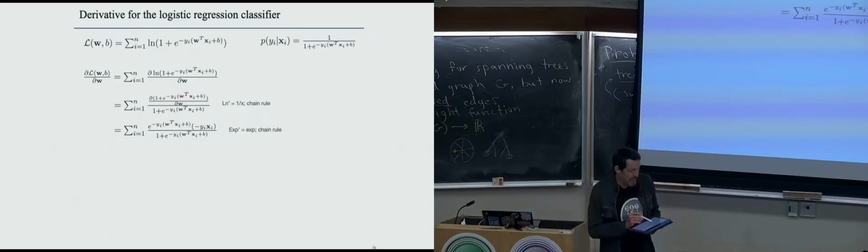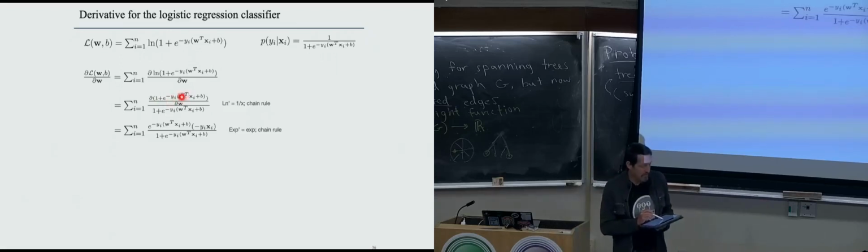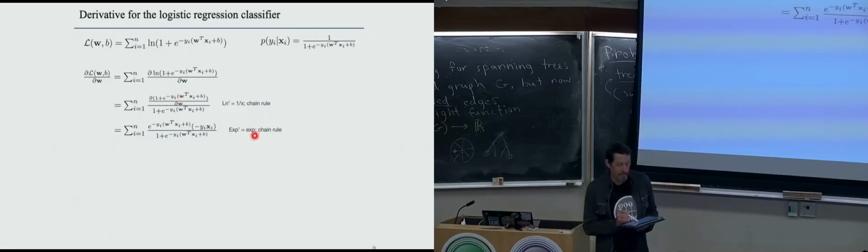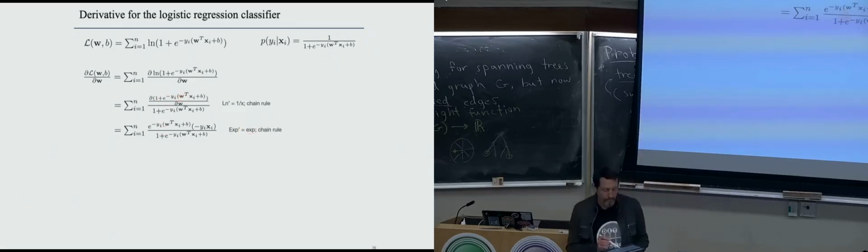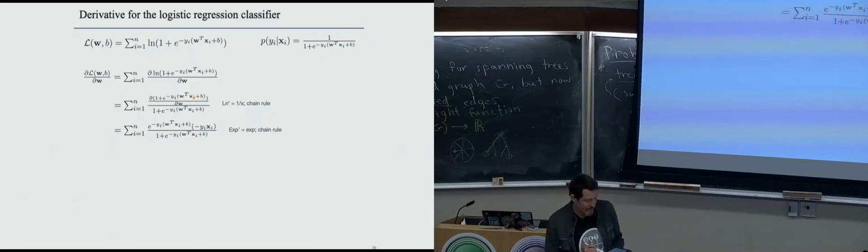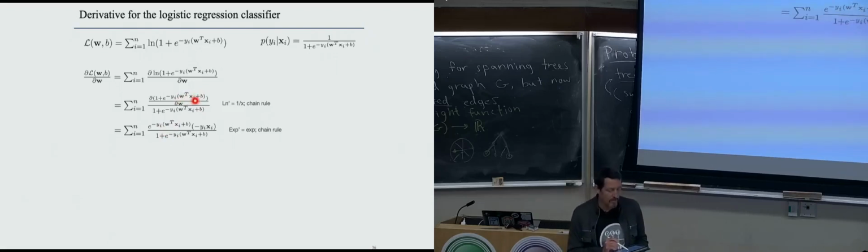The stuff inside, well, there's an exponential right here. So derivative of an exponential is an exponential. And then we got to chain rule for the stuff inside the exponential. The stuff inside the exponential is a linear function, wx plus b. Its derivative with respect to w is minus y xi.